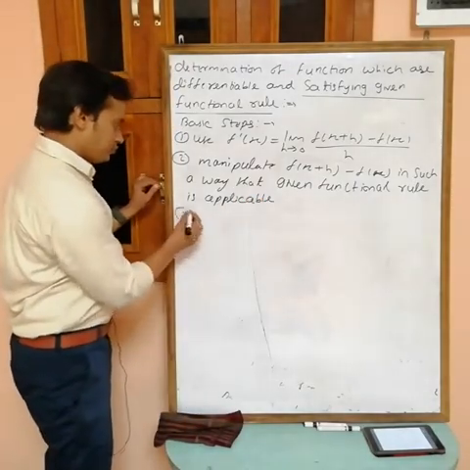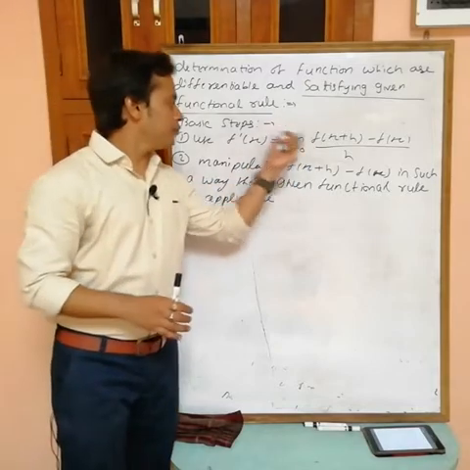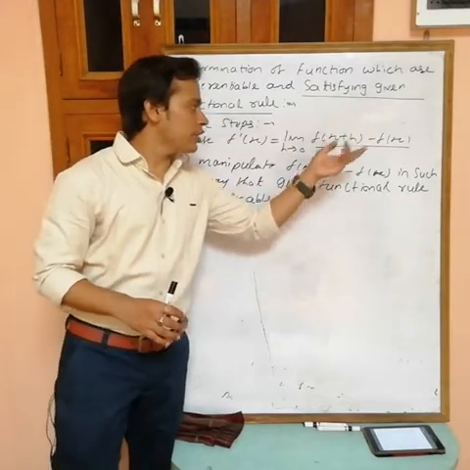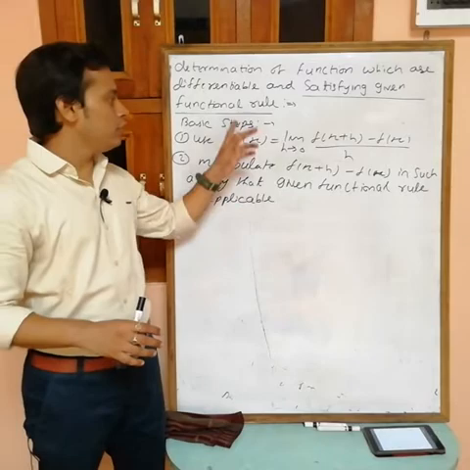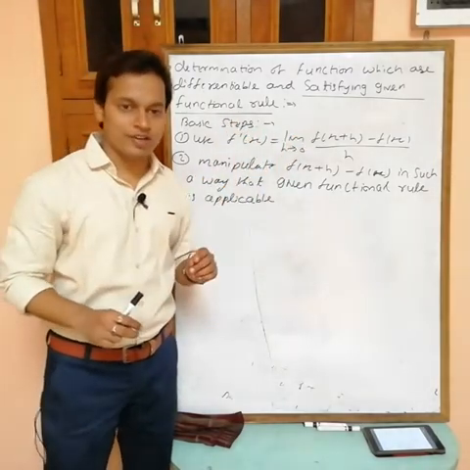Third one, after putting the value of f(x plus h) minus f(x) so that the rule is applicable, what you will get? You will get the value of f dash x.